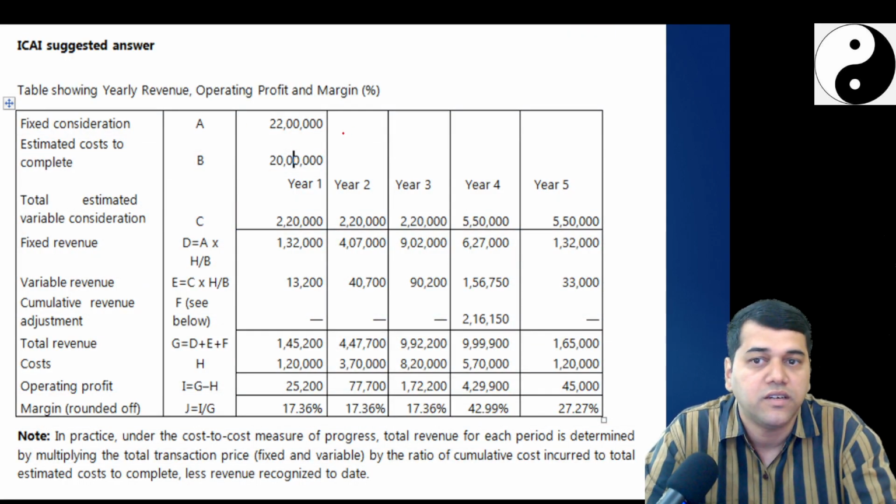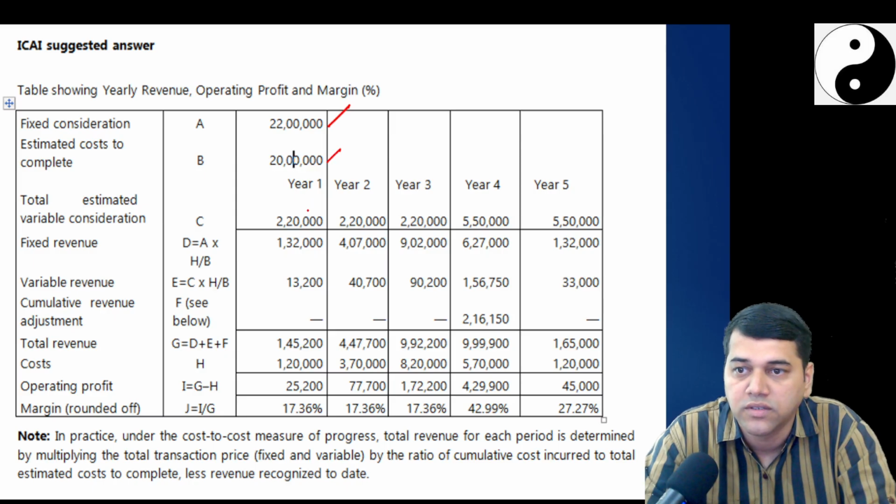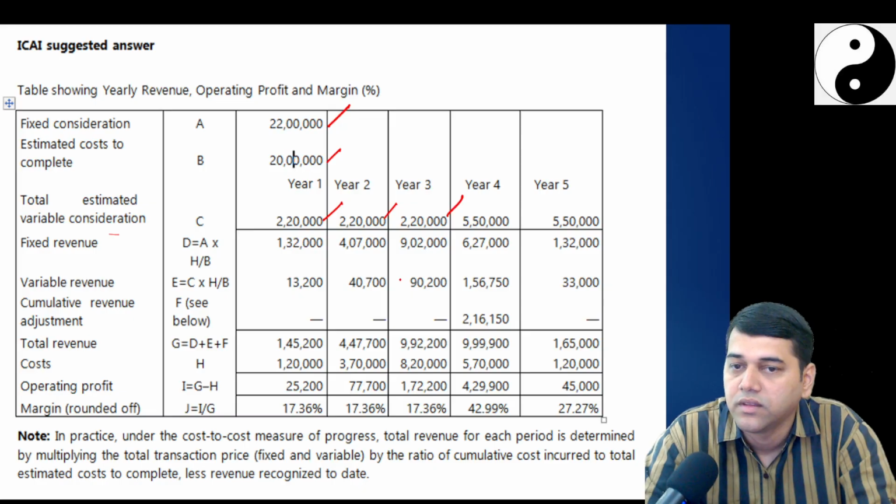See, first, I will take the fixed cost here, my cost to complete. So I will take my proportion of this actual cost incurred here. Where is this actual cost? Estimated variable consideration. This is what you have included in the first 3 years. Now, fixed revenue, how did you get it? This is your actual cost incurred.